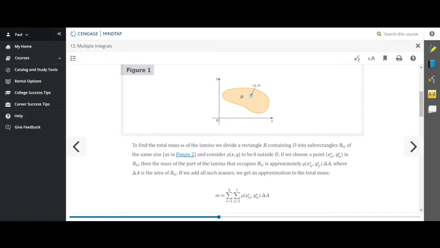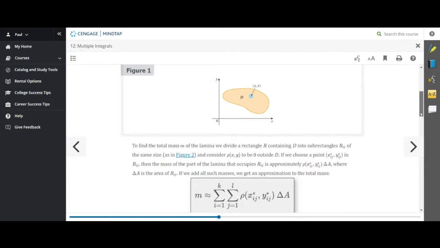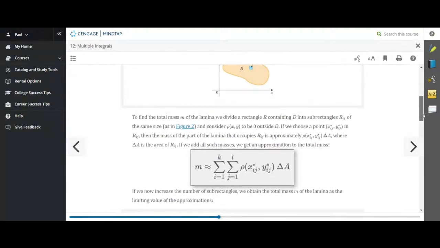So density is mass divided by area, therefore, mass is density times area. And that's what you have here in this Riemann sum. Well, it's a double Riemann sum.